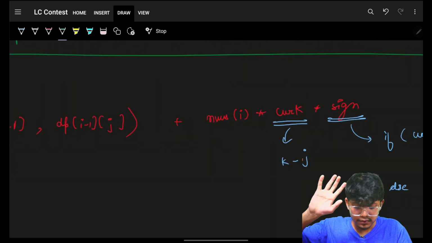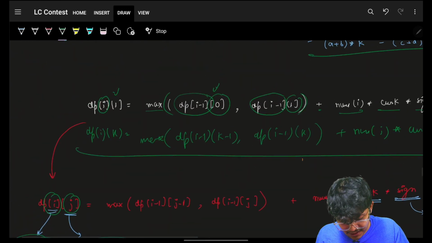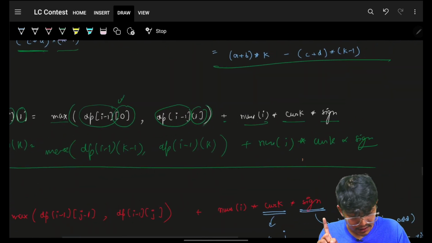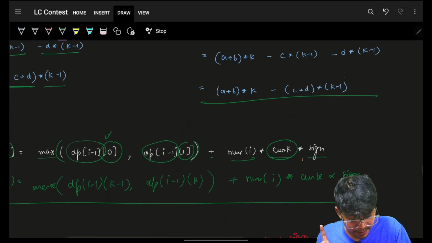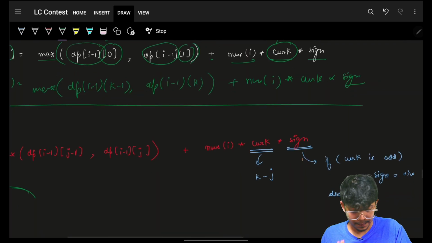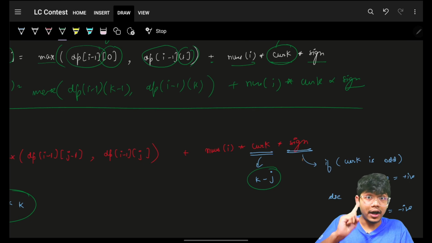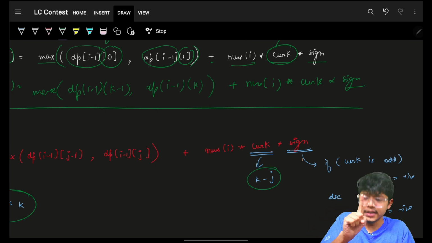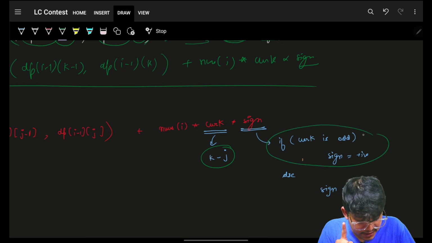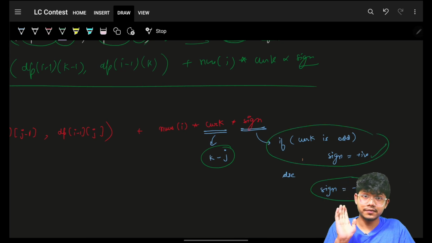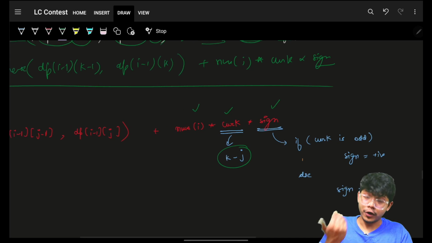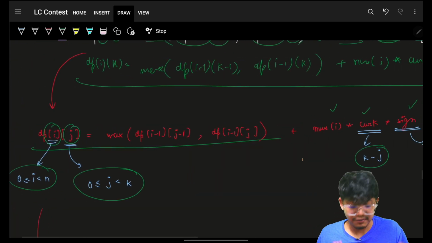We simply know when our j was 1, our current k was k minus 1. So I can simply say my current k is k minus j. And if my current k is even, then my sign is negative, else my sign is positive. Cool. So I can simply know my sign, my current k, my nums of I for sure, and this is the formula which I have derived.